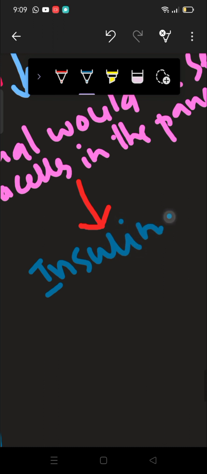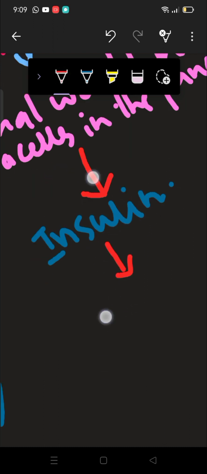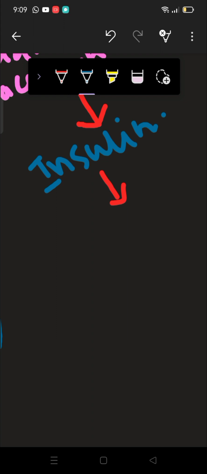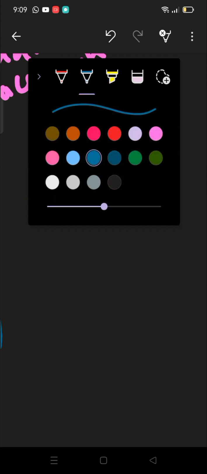And insulin will then convert this glycogen into glucose.